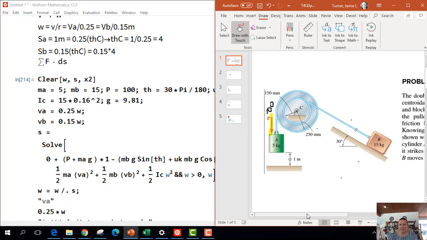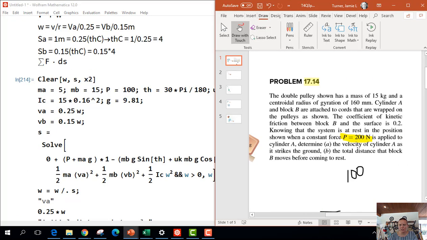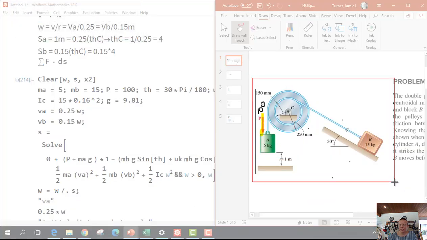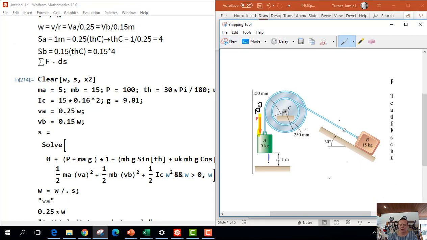Okay, one other thing on this. So this problem actually says the total distance that block B moves before coming to rest. When A hits the ground, B is still moving. So there's two pieces of the problem here. Okay, so A moves 1 meter, hits the ground, and during this time, B moves 0.15 times 4.